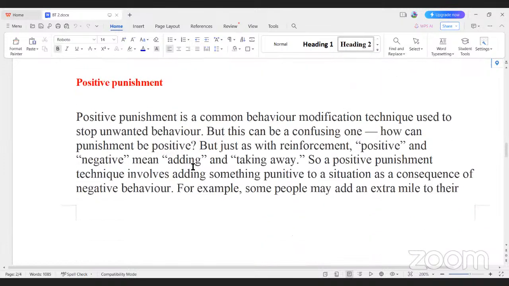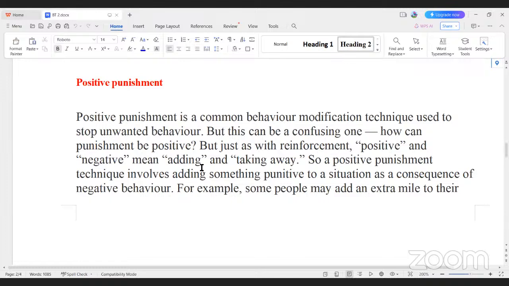And coming to punishment, we told in the beginning also, in operant conditioning, reinforcement and punishment are the main things to improve the desired behavior. Positive punishment is a common behavior modification technique used to stop unwanted behavior. But this can be a confusing one.